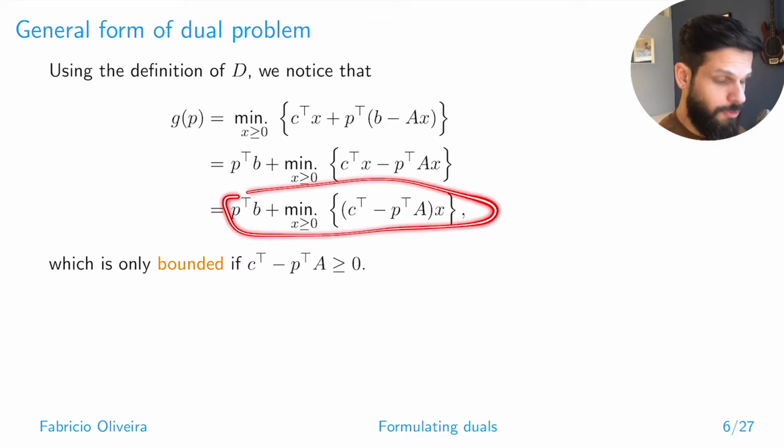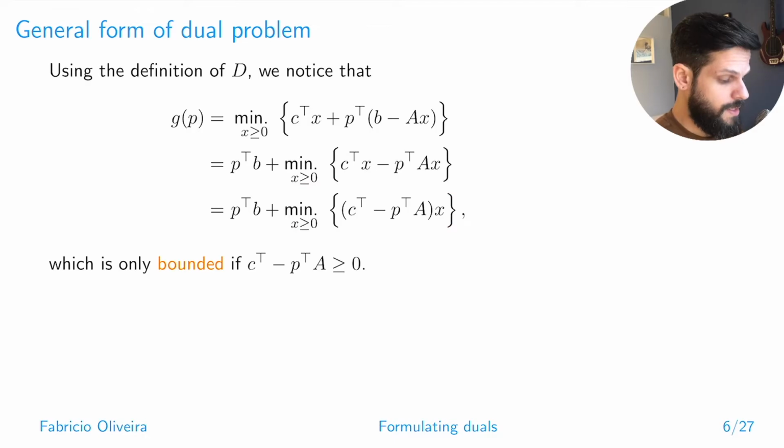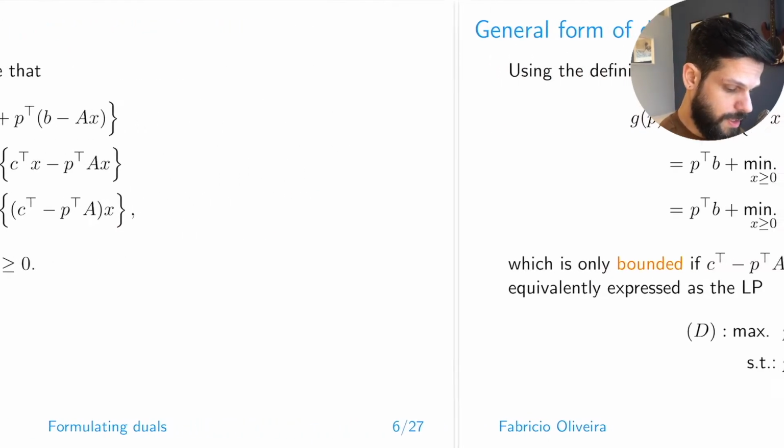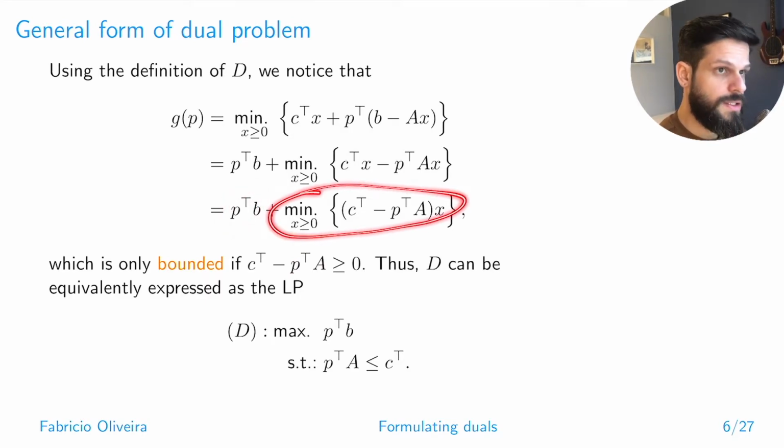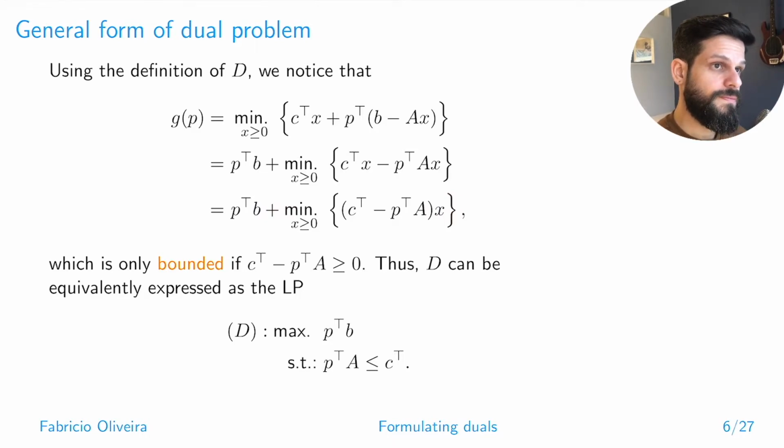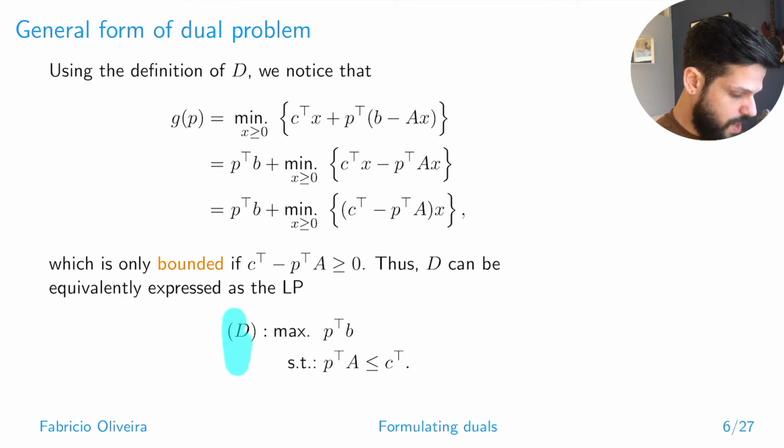If you think about what I just said and write it as a linear program, you will obtain something that looks like this. I'm trying to maximize this and guarantee that this doesn't become minus infinity. In other words, what I want to make sure is that this is greater than or equal to 0, which can be represented like this. And I want to maximize this term in terms of P.